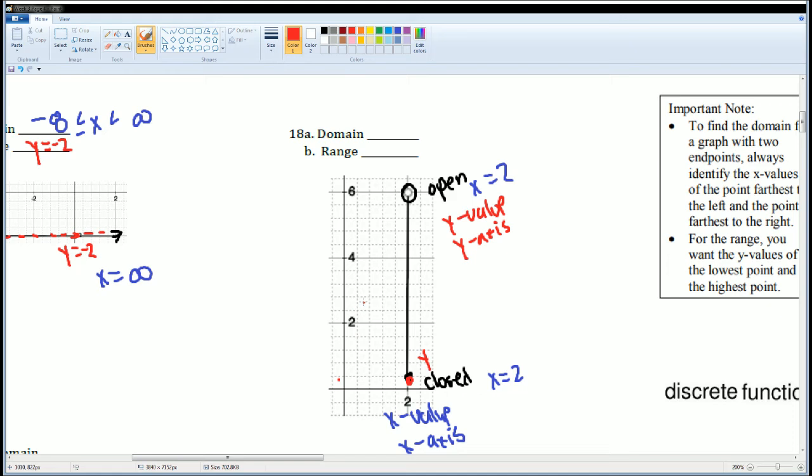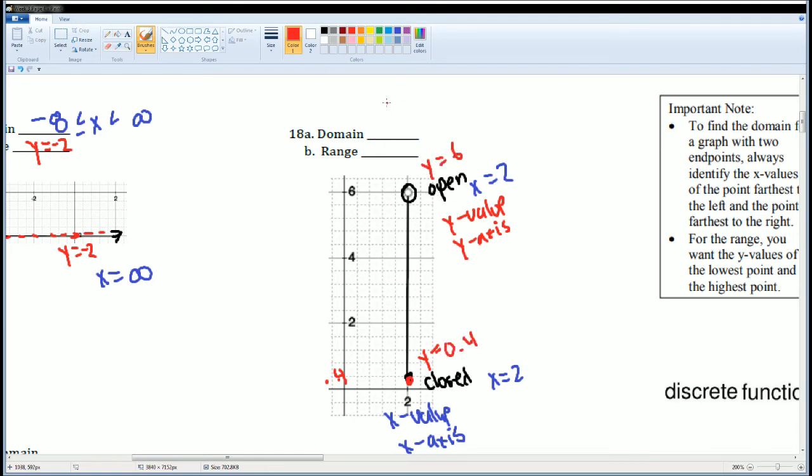So what is 2 divided by 1, 2, 3, 4, 5 divided by 5? So each one of these are 0.4. So my y value here is equal to 0.4. My y value here is equal to 6.